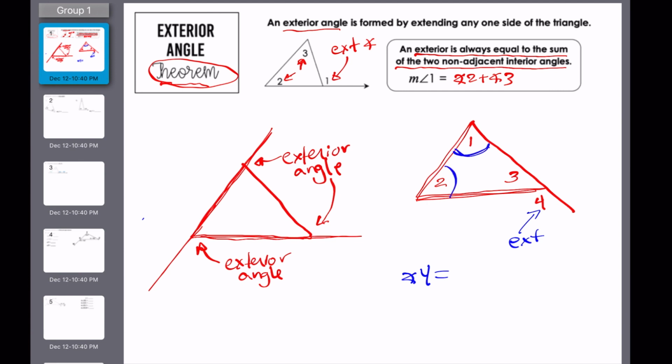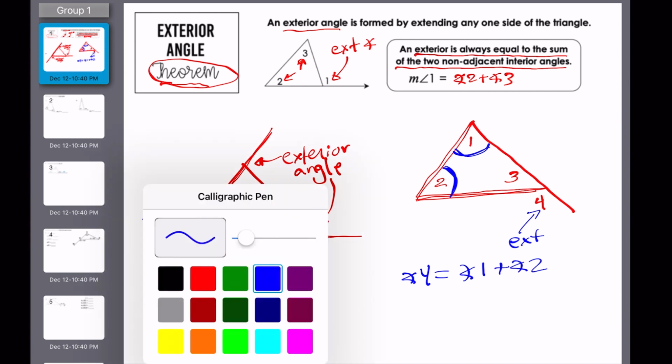That would be 1 and 2, because angle 3 is adjacent to 4. That would form a linear pair. That's not what we want. We want the exterior angle theorem, which says the two interior angles non-adjacent, meaning not next to the exterior angle. So in this case, we would say angle 4 is equal to angle 1 plus angle 2.